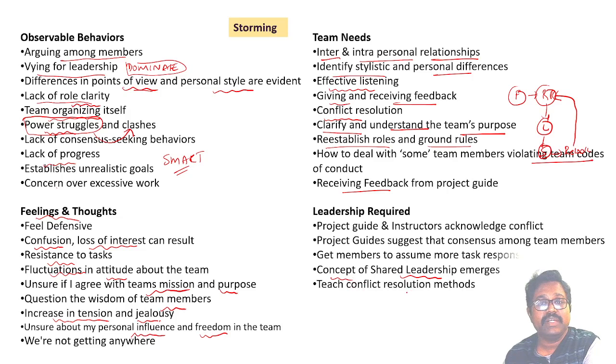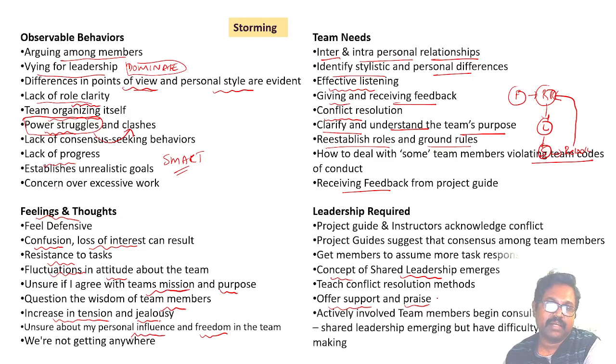So they need to develop a system within the group for how to resolve the conflicts. And while resolving the conflicts, it is the stage where they need to support and praise the individual opinions. If it is good, they need to praise. If it is bad, they can give feedback so that they will be in a flexible state of mind to receive your feedback.